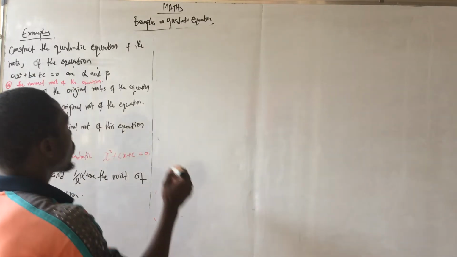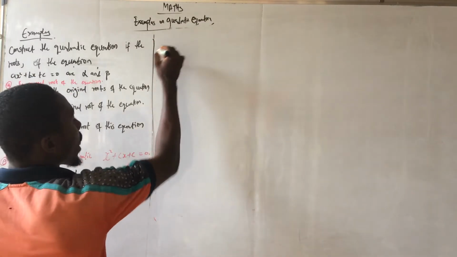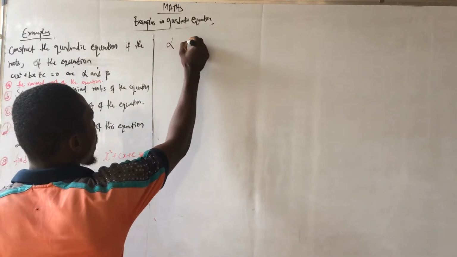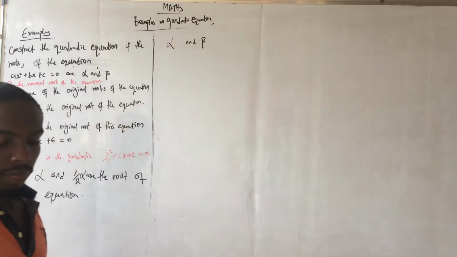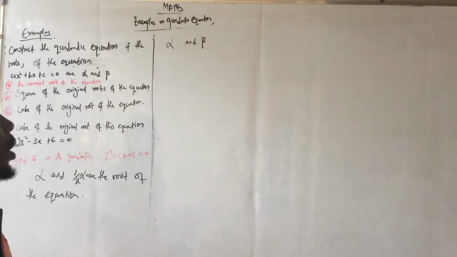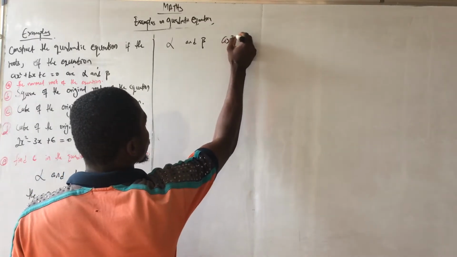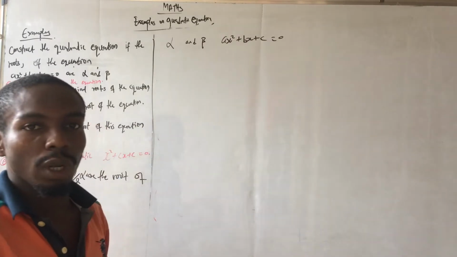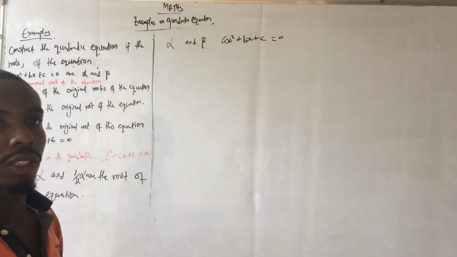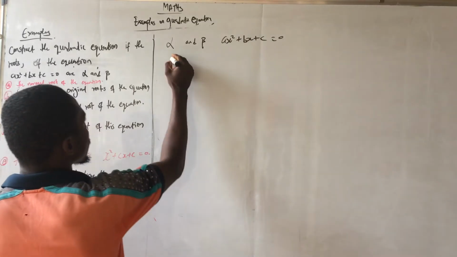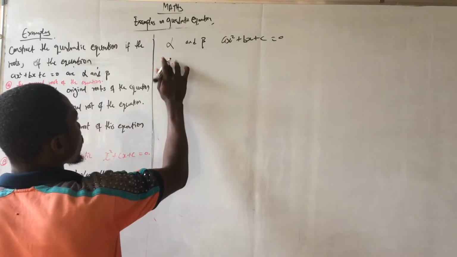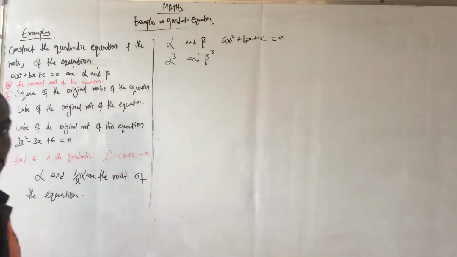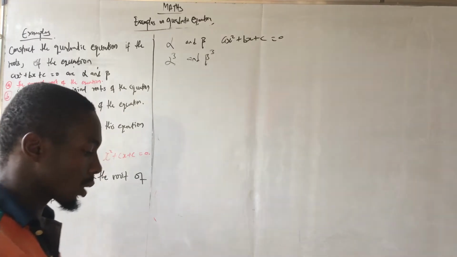What that means is that the roots of the quadratic equation ax squared plus bx plus c equal to 0 are alpha and beta. But the quadratic equation they ask us to construct now has roots alpha raised to the power 3 and beta raised to the power 3. So that is what we want to construct now.